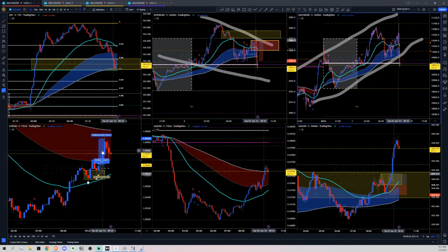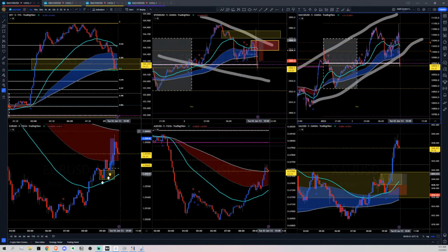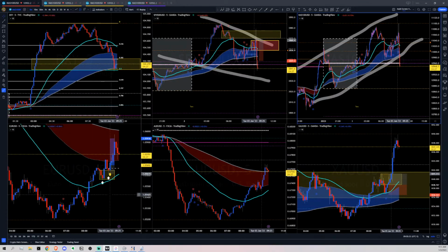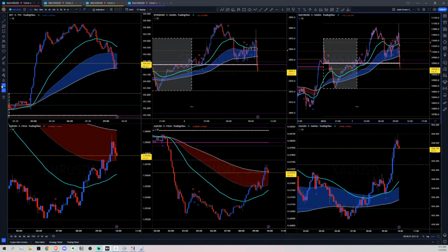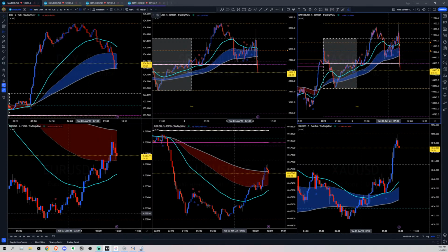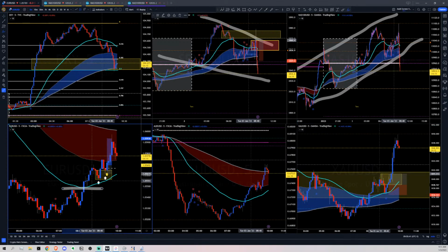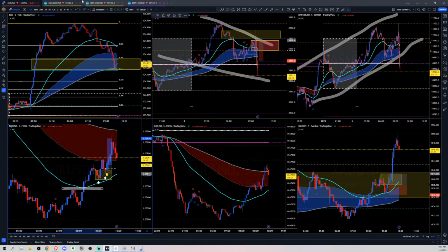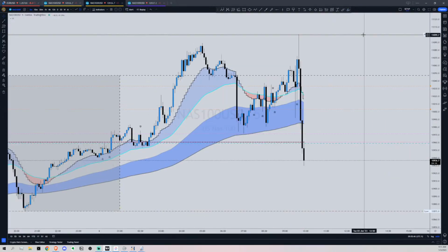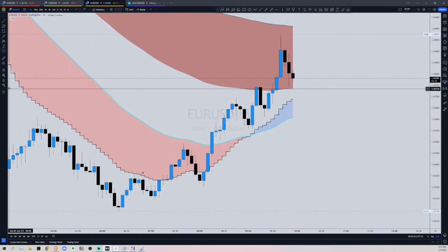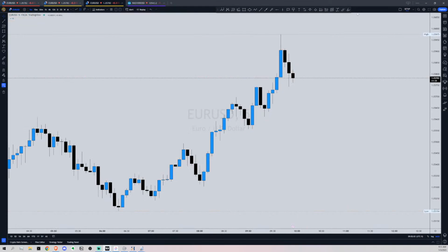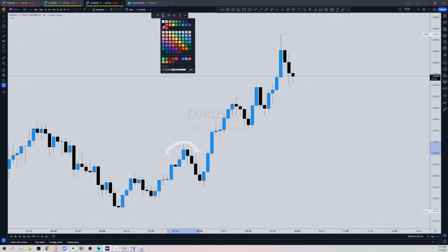The euro dollar is gonna stay in this. You don't want to continue to play things as I'm aware of that price structure. On euro dollar, I'm consciously aware of price making higher highs and higher lows.